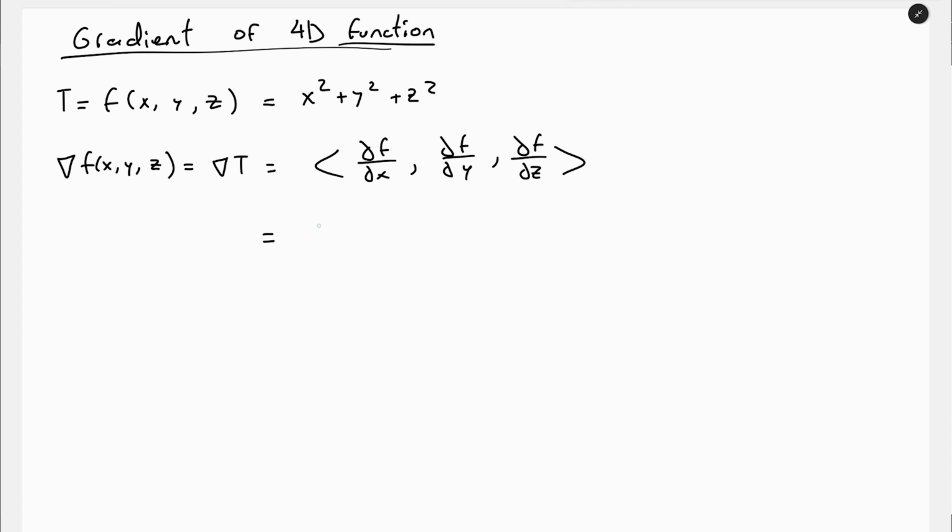So now, taking the derivative for x, we are treating y and z as constants, so they become 0, and we have just x left. And for y, similarly, we're treating x and z as constants, and for z we are treating x and y as constants. So we have this vector field.